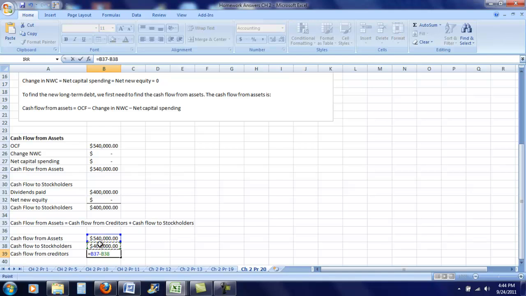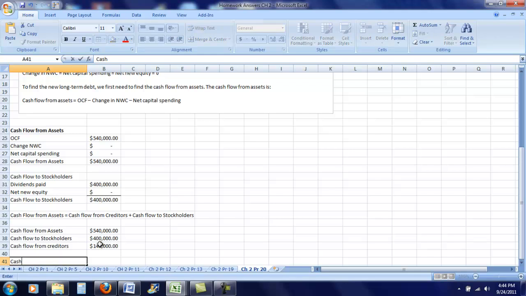And then our cash flow from creditors, the calculation, we know the total.